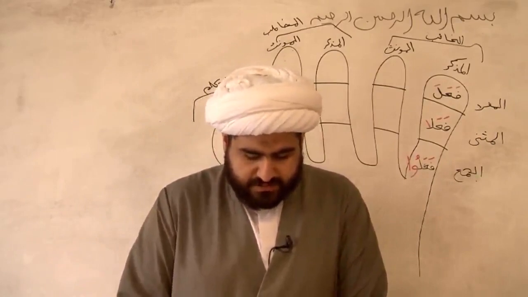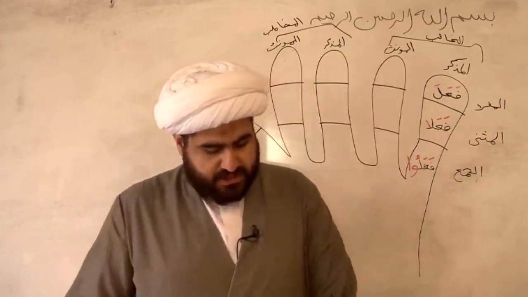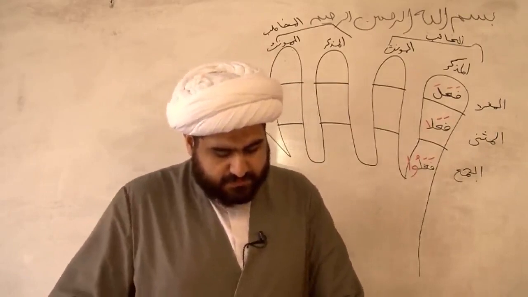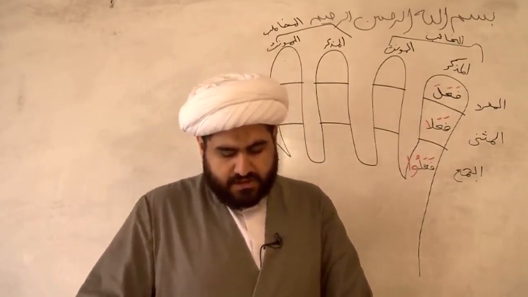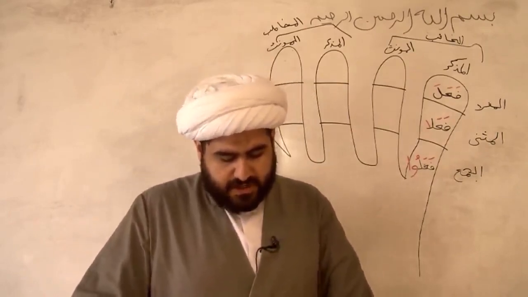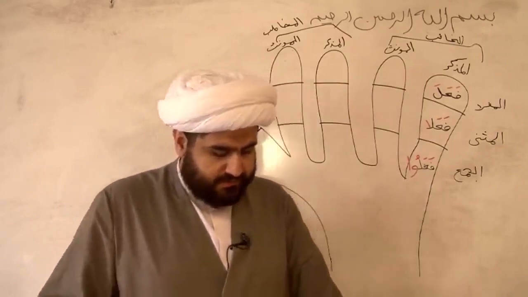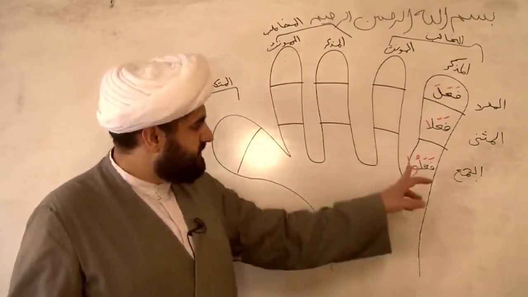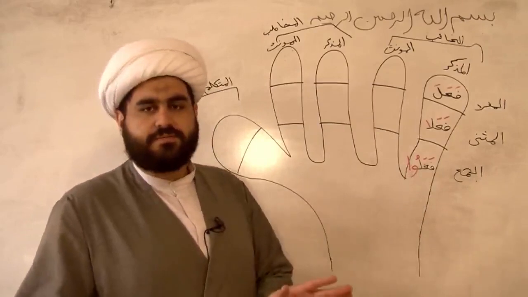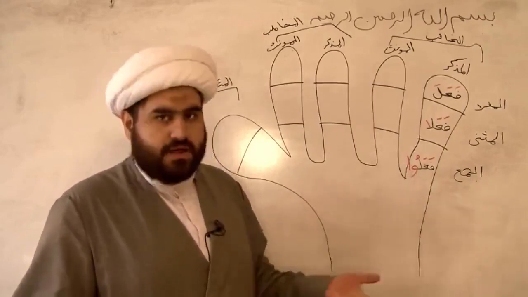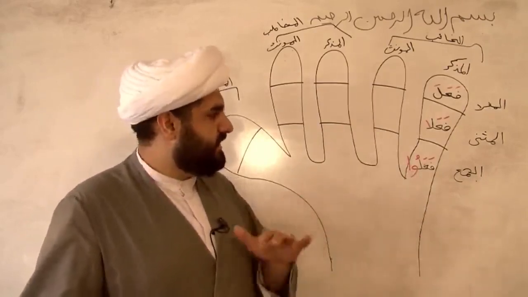So why is it there, and what does it indicate? Its sole purpose is to separate the verb from any word that may follow it. This Aleph is called the separating Aleph, or Alif al-Fasila. So this Aleph has no meaning. It is not pronounced, and it does not indicate anything.